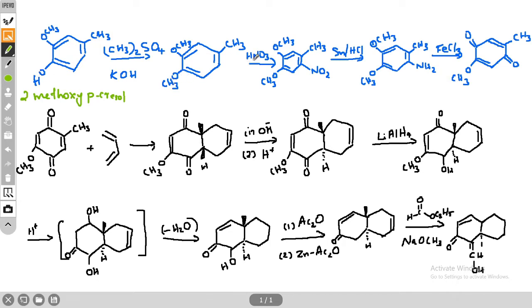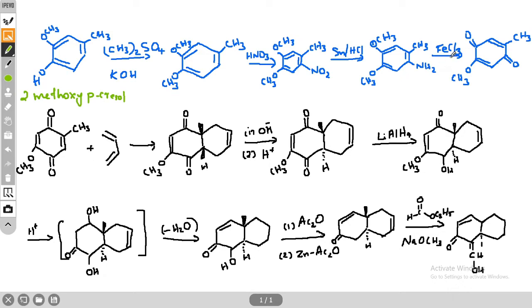When it is treated with HNO3, since there are only activating groups present in this ring, an electrophilic substitution reaction takes place and an NO2 group is attached here. Then it is reduced with tin and HCl, and this NO2 group is converted into an NH2 group.